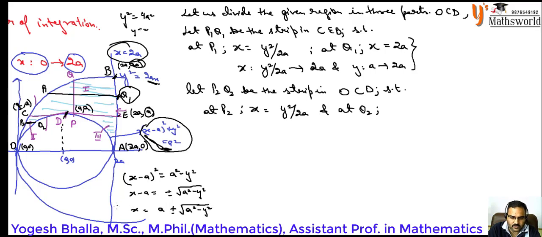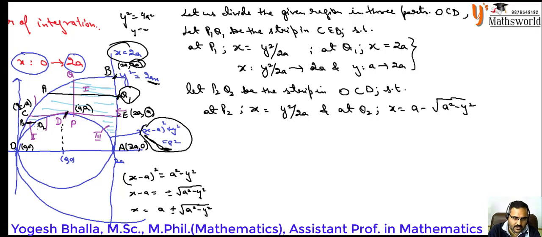These will be the values over there. Since it is lying in the positive quadrant, before the distance of a, it will be the negative part. So x will be a minus root of a square minus y square.